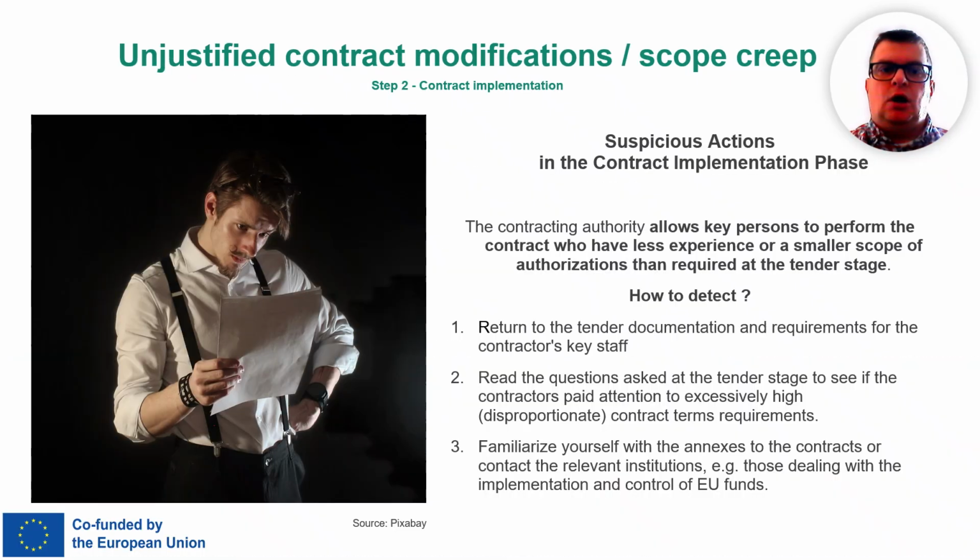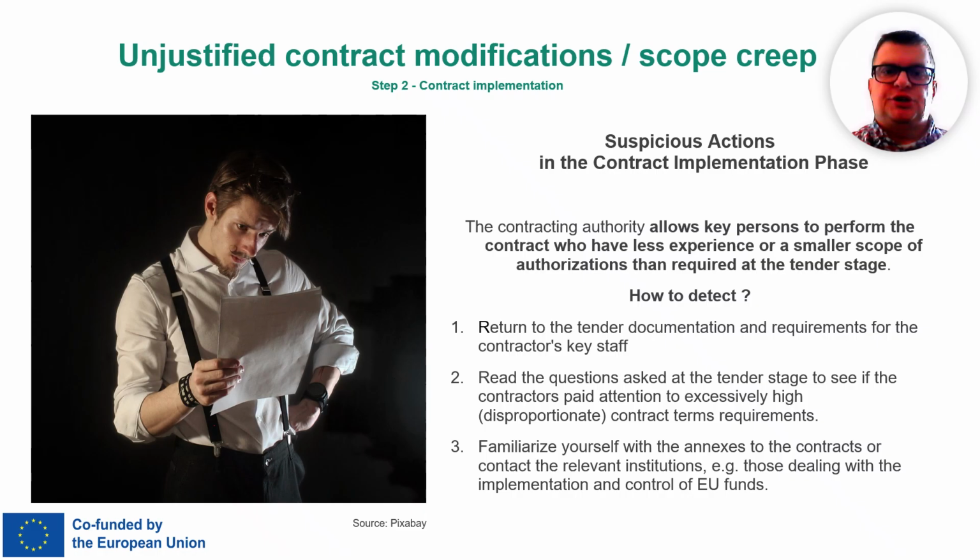So, what are some other suspicious actions during the contract implementation phase? One red flag is when the contracting authority lets people work on the contract who don't have the same level of experience or the proper authorizations that were required during the tender stage. Basically, the team they put forward isn't as qualified as the one they promised earlier. So how can you spot this? Go back and check the tender documents.